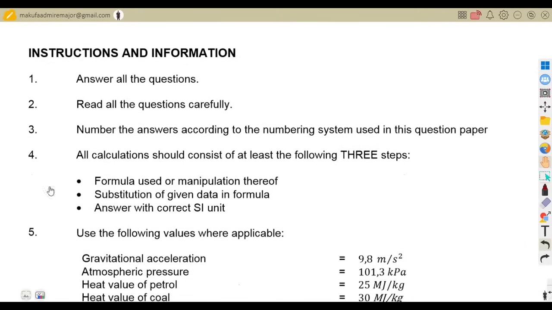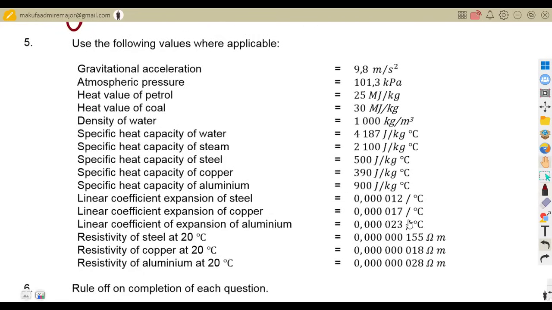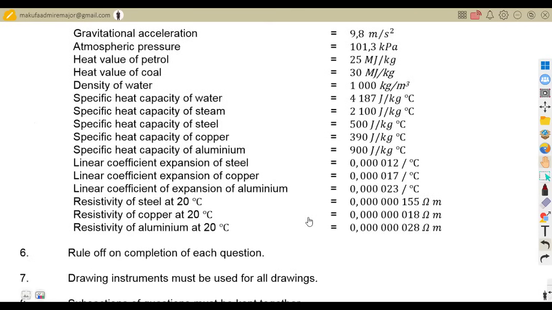And what is important is that all calculations should consist of at least the following 3 steps: the formula that you're going to use, or the manipulation thereof; the substitution of the given data in the formula, that is the values that you're given; and the answer with the correct SI unit, and also to use this where it is possible. All right, then let us quickly have this.